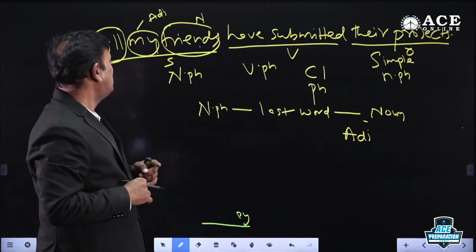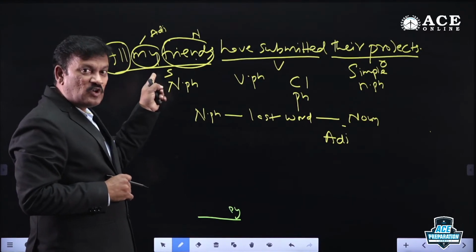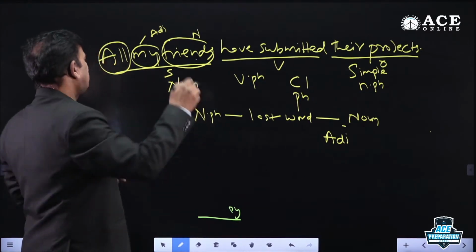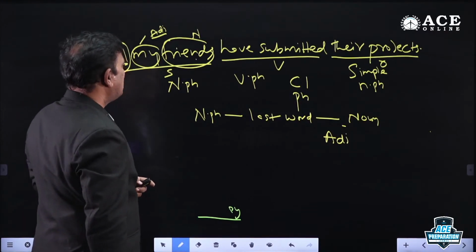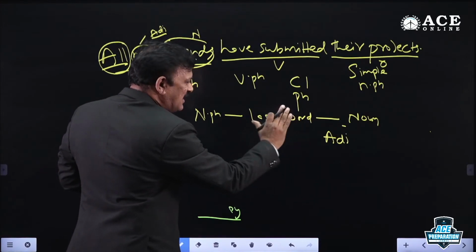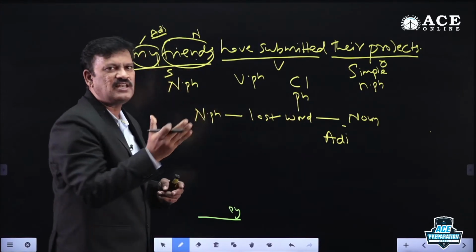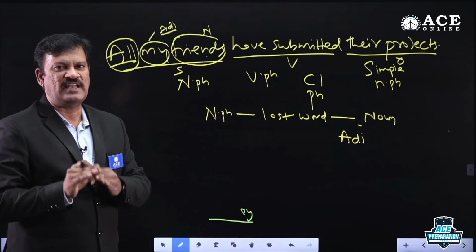Now somebody might tell me, sir, this is a pronoun. Agreed. Pronoun used as what? Adjective. This is the point you need to remember: in a noun phrase, the last word is a noun, and on the left side of that noun you generally have adjectives. Now and then you can also expect to see an adverb.